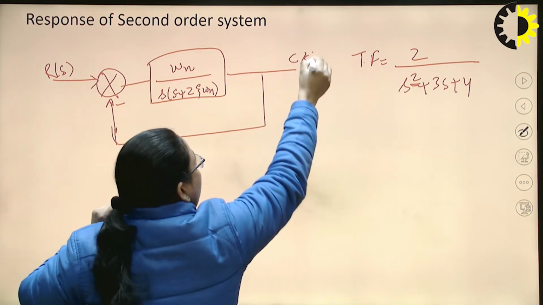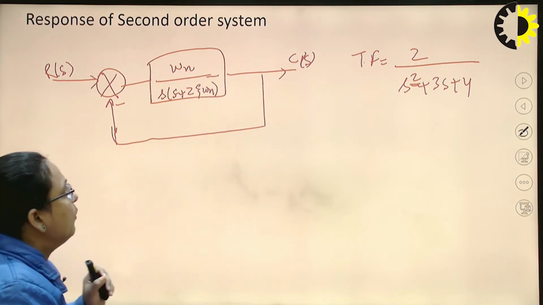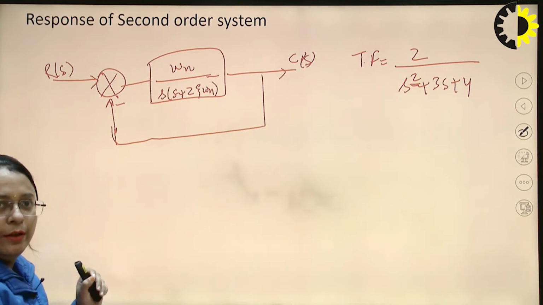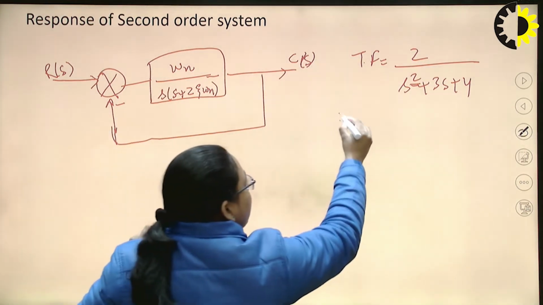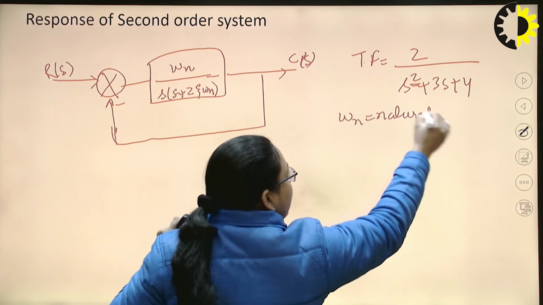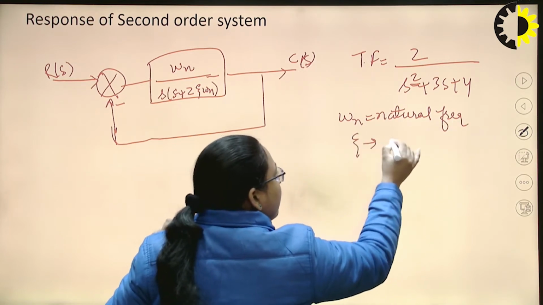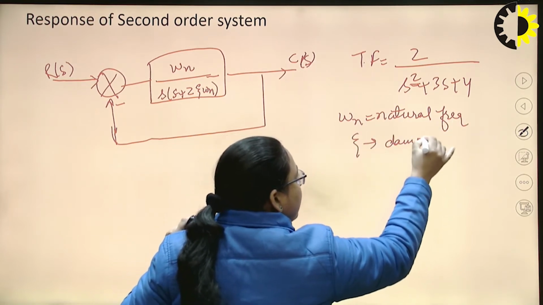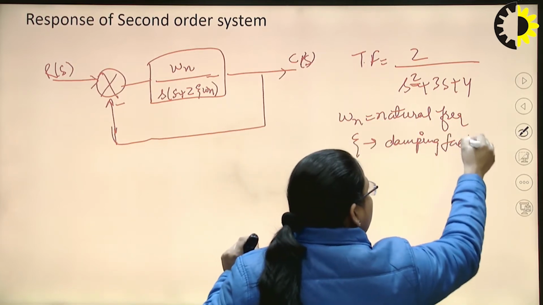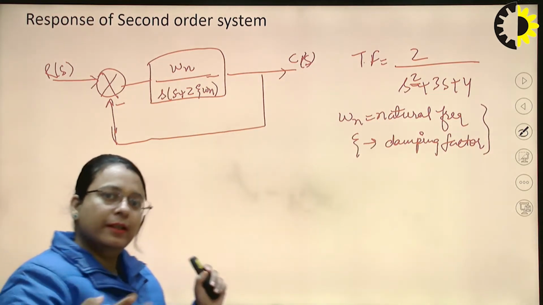Cs is the output of the system and this is the Gs, where the value of Gs is omega n upon s into s plus 2 zeta omega n, where this omega n is the natural frequency of the system, right? And this zeta is representing the damping factor. It is representing the damping, that is oscillations produced in the system. I will discuss about these factors in the next lecture.